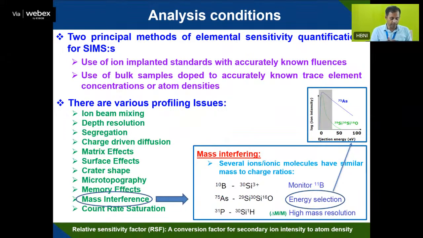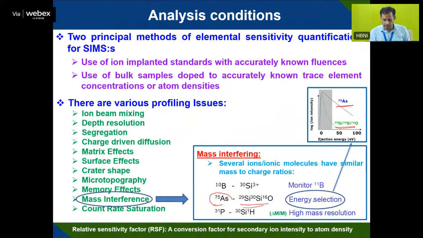And if there is a matrix effect sometimes, then surface effects come into the picture, and mass interference. I have just taken one mass interference example here. You can see boron 10 monitoring, silicon 30, and here arsenic 75, and this structure has arsenic 75 and silicon 29, 30 with oxygen, so the mass is almost the same.